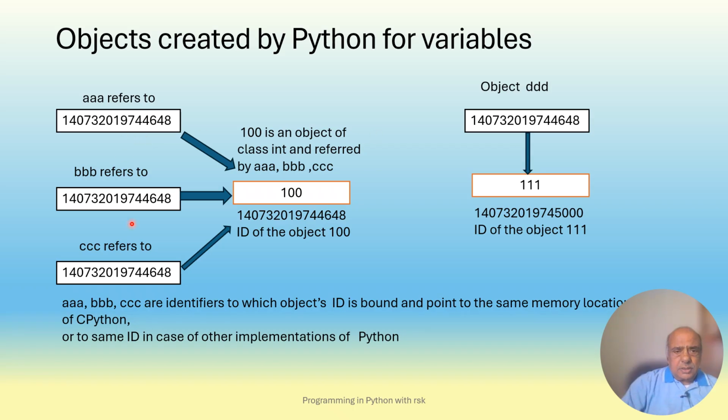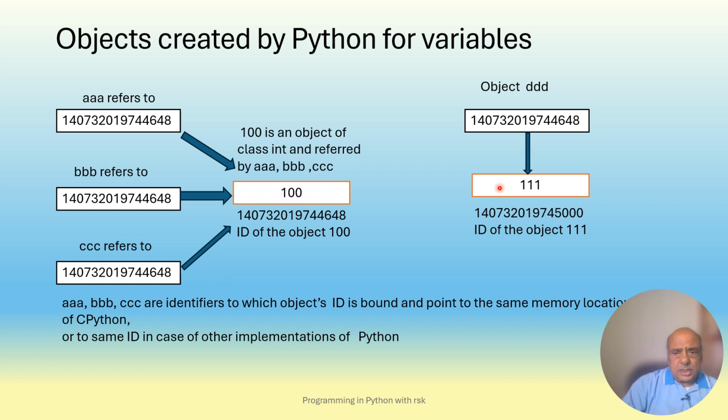So this is how we define it pictorially. 100 is an object of class int. It is referred to by all the three variable names AAA, BBB and CCC. So AAA refers to the ID ending with 4648, BBB refers to the same ID, CCC refers to the same ID.